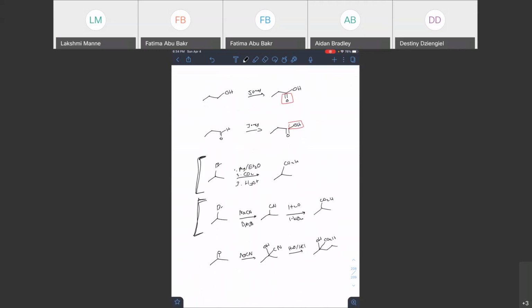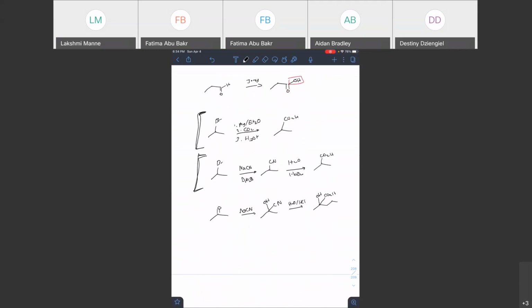And then after that, we went over the Grignard methods, the Grignard method, and then the CN method. There's two of them. Are there any questions about these methods of making carboxylic acids? Okay. So I think that's it for this lecture, really.